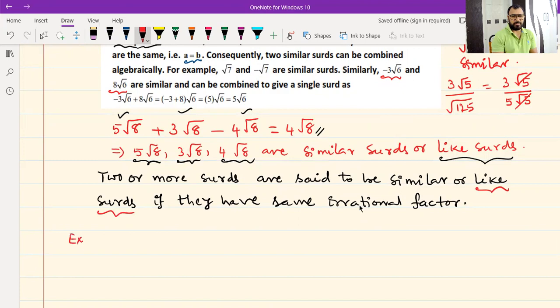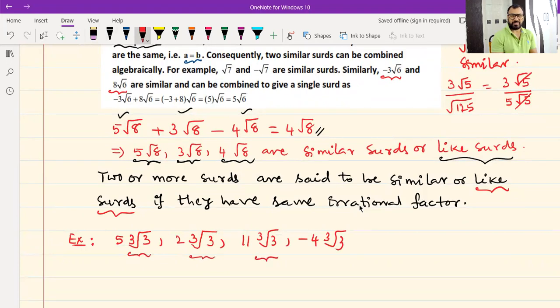For example, 5 into cube root of 3, 2 into cube root of 3, 11 into cube root of 3, minus 4 into cube root of 3. See, they all have the same irrational factor. So these are all like surds, or you can say similar surds.